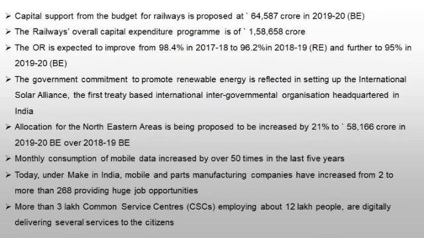Then the railways capital budget has been increased to 64,587 crores. Then the operating ratio of the railways is to improve to 96.2. See, OR, operating ratio, means for every 1 rupee the railways earn, how much they spend on operations.